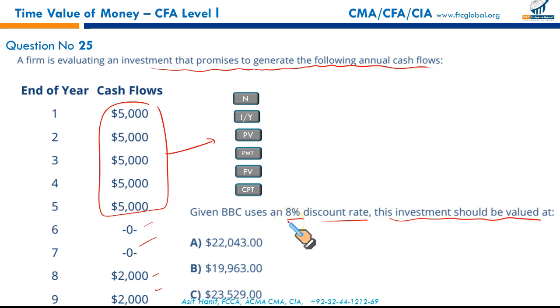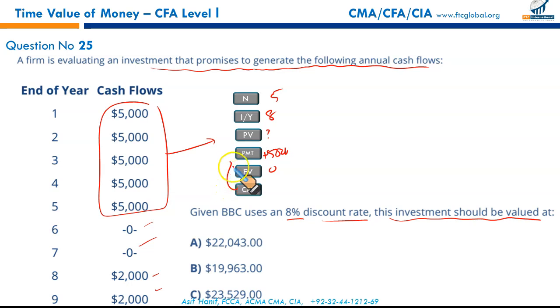So for these recurring cash flows, we can apply TVM. N is 5, right? What is the rate of interest? 8. Present value is to be calculated. Every payment is 5,000 since an inflow, plus future value is nil.